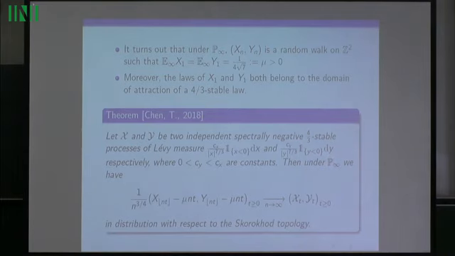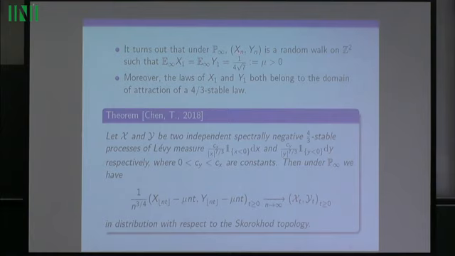And it turns out that the perimeter variation at time n under this P infinity measure is a random walk on Z^2, and moreover those marginals have a positive drift, which is basically why our interface will drift to infinity, and it will only touch the boundary of the half plane a finite number of times.